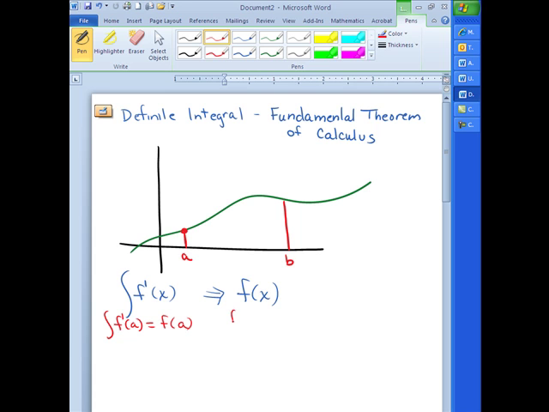And when I find the integral of f prime of b, which will give me my original function f of b, I'm finding the height of that bar. And when I find the integral of this point, I'm finding the height of that green line, and the next point, I'm finding the height of that black line, and so on.